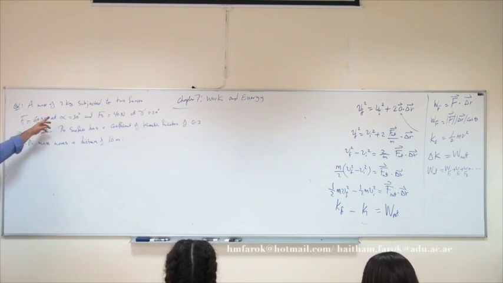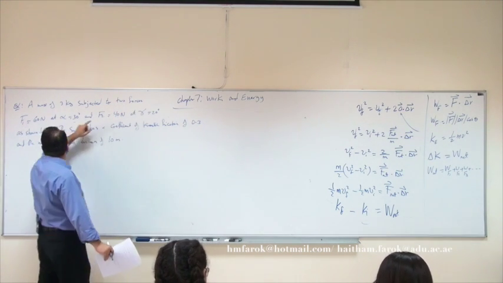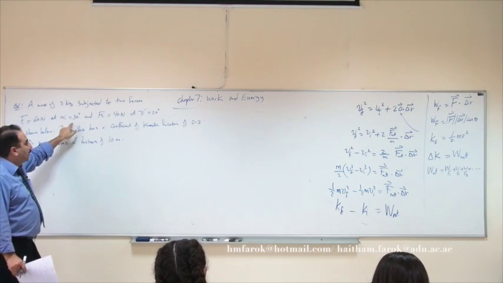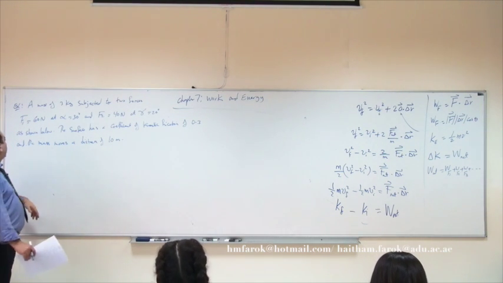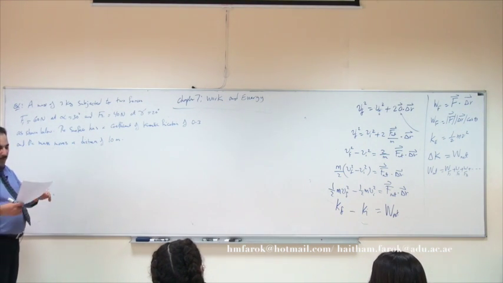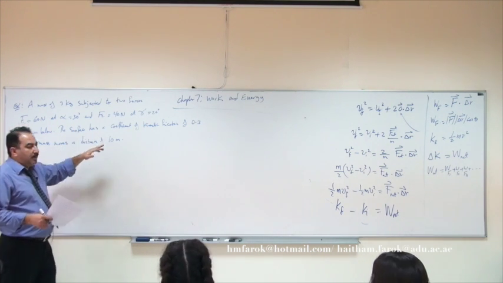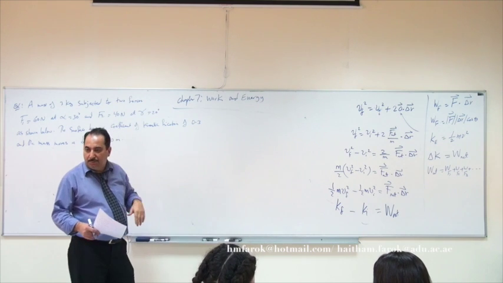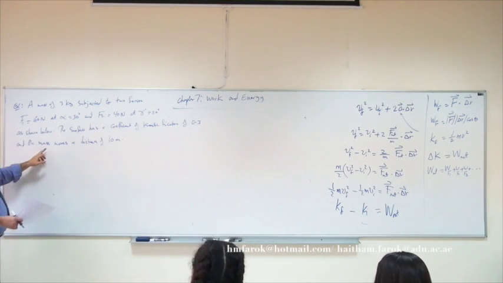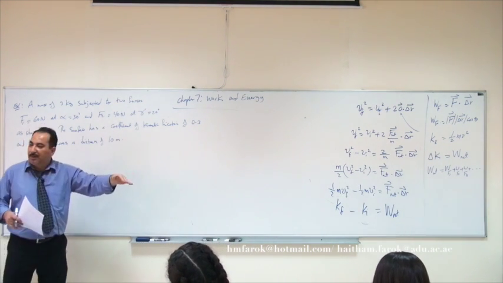So a mass of 3 kilograms subjected to two forces, F1 at this angle, F2 at this angle, as shown below. I'll draw. The surface has a coefficient of kinetic friction of 0.3, mu. And the mass moves a distance of 10 meters.